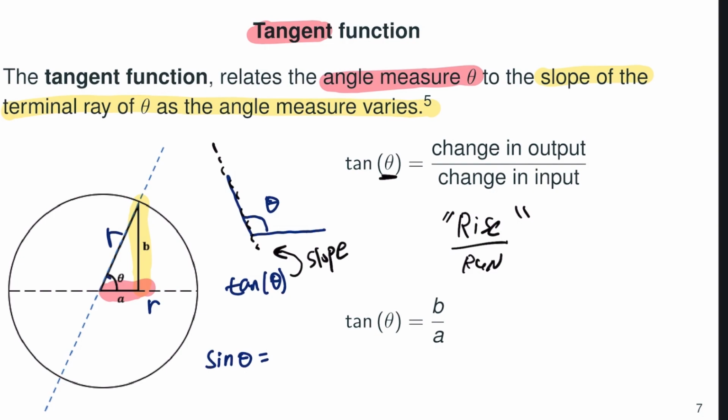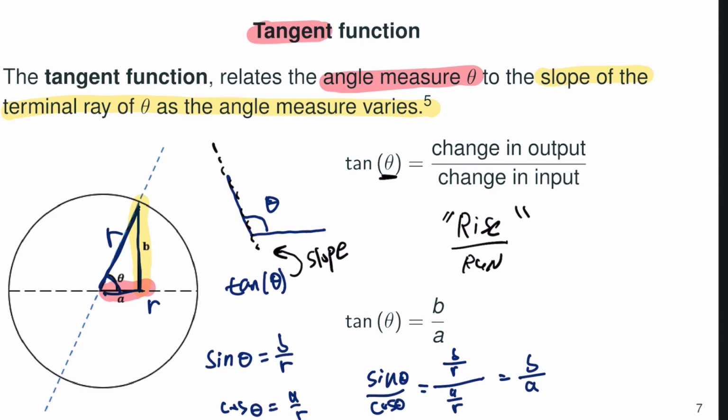So sine of this angle right here is vertical distance over radius length, so b over r. Cosine of theta will be a horizontal distance by radius length, a over r. So if we do sine theta over cosine theta right here, we get b over r divided by a over r, which r's cancel out, so we just have b over a.